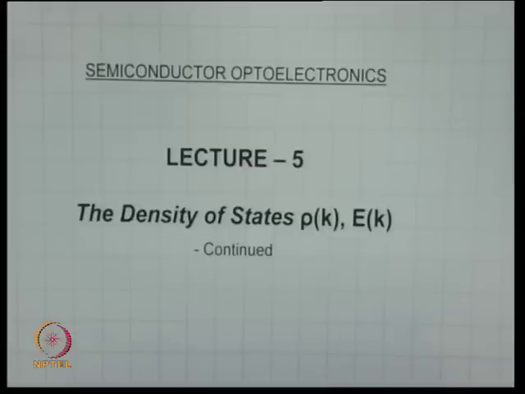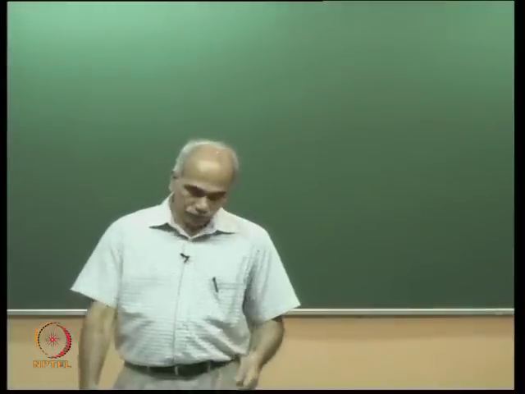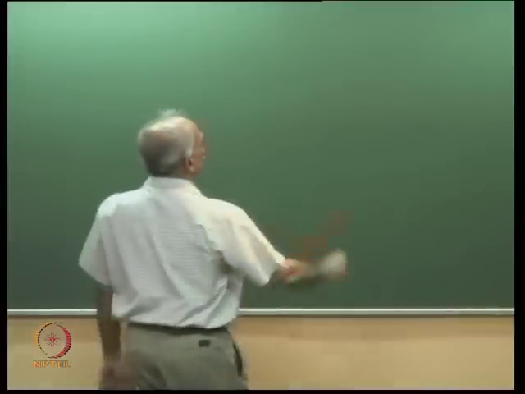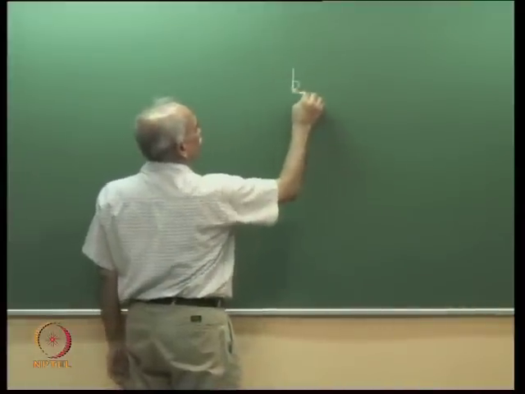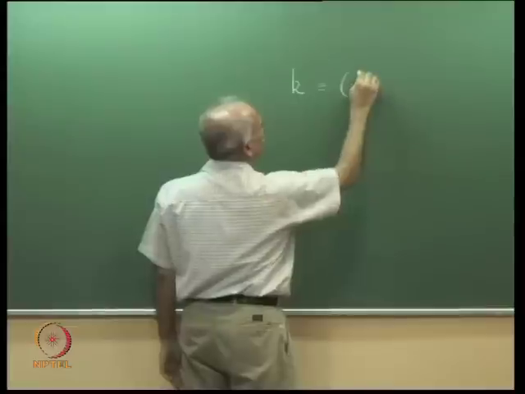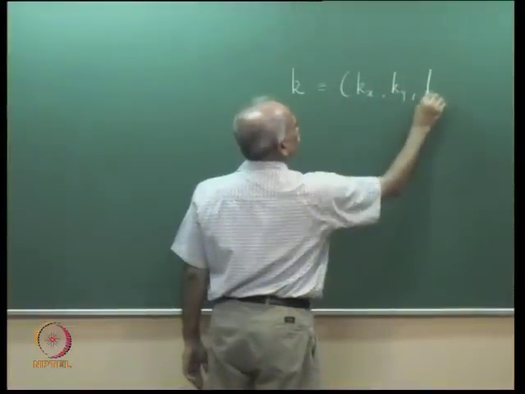Okay, we will continue with our discussion of the density of states. In the last lecture, we have seen that a state is characterized by K, which has 3 components, Kx, Ky and Kz.